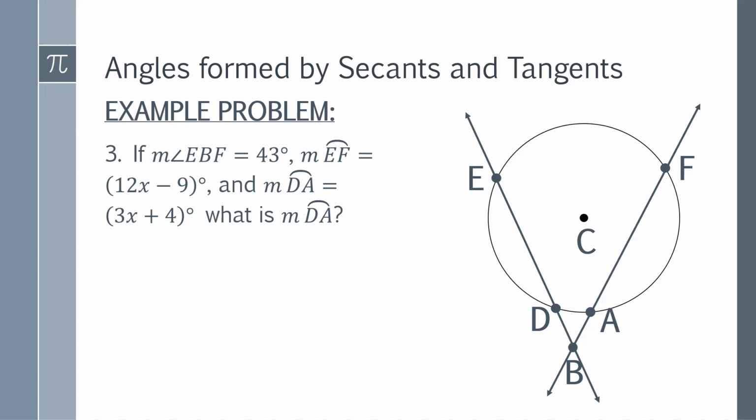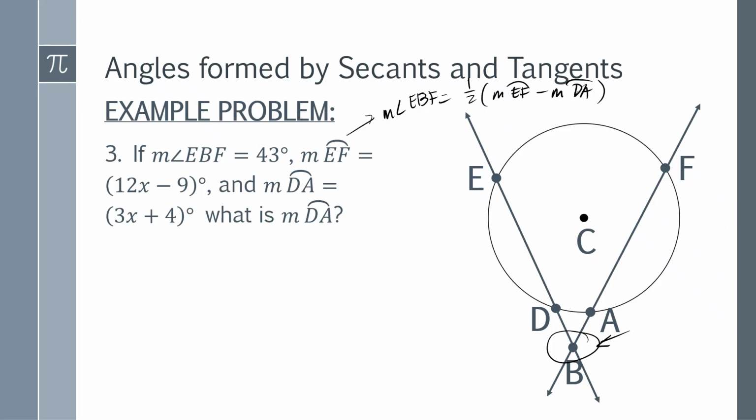So, again, on this problem we have here, the intersection of these two lines is located outside the circle. Therefore, their intercepted arcs are to be subtracted. So therefore, the measure of angle EBF is actually equal to half of the measure of arc EF, so this is the bigger arc, minus measure of arc DA.